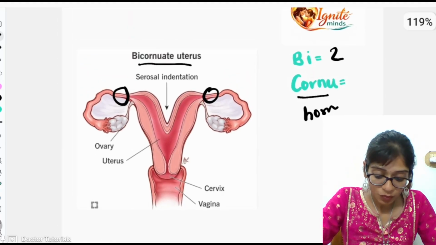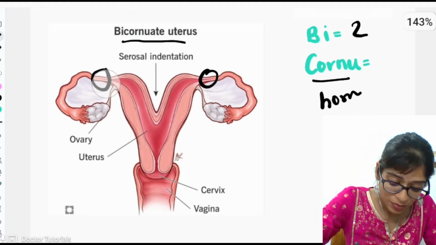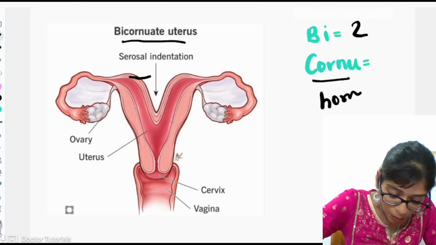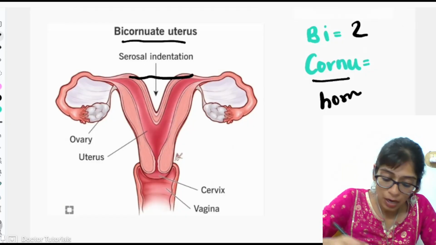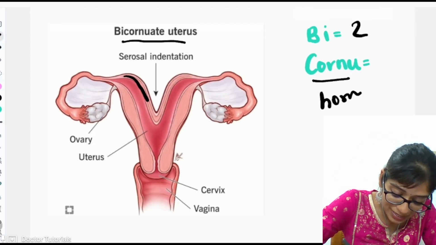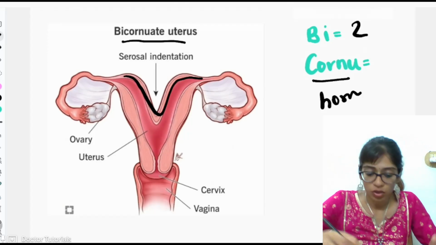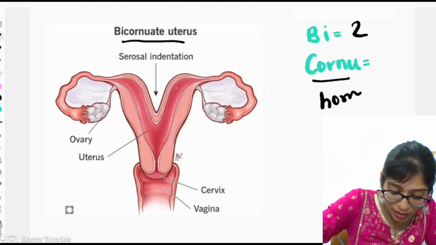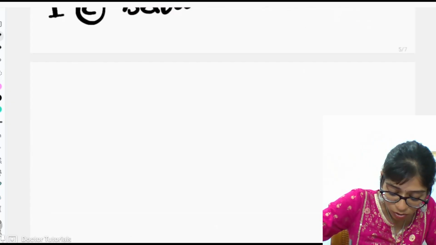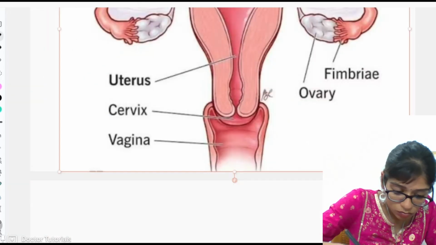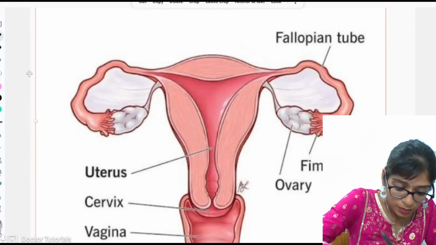Look here. In bicornuate uterus, in the upper part there is an indentation or a depression.